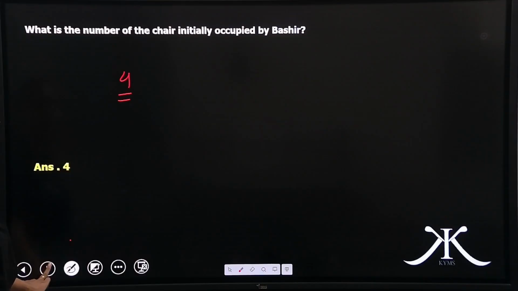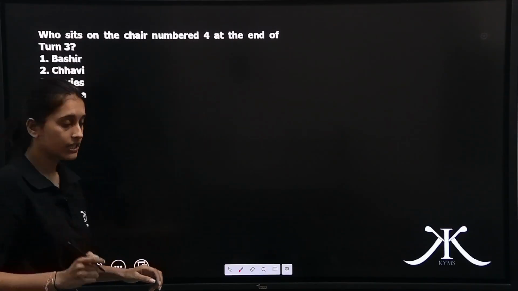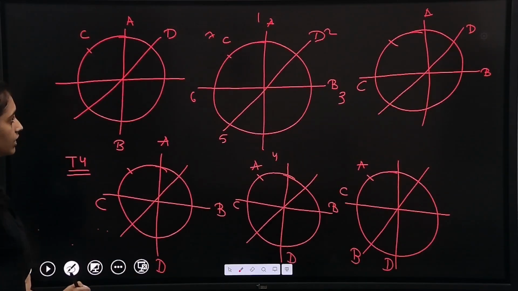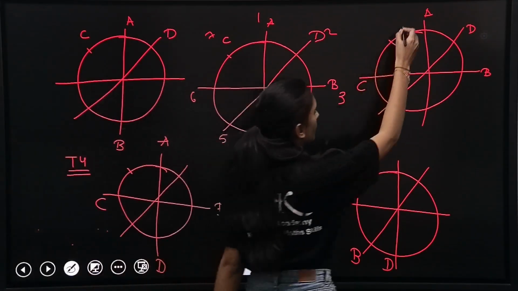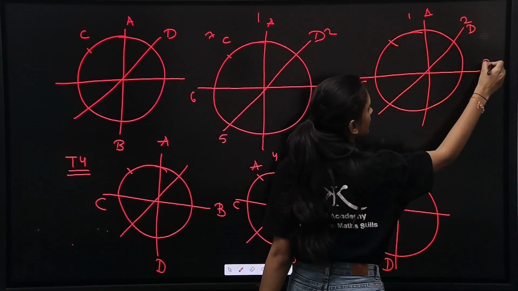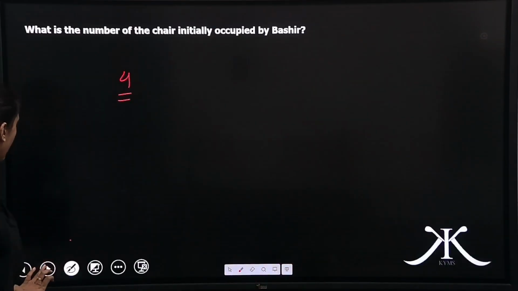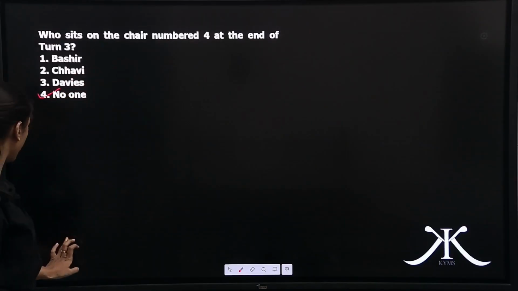Who sits on chair number 4 at the end of turn 3? This is 1, this is 2, this is 3, and this is 4. So nobody is sitting at chair 4 at the end of turn 3. So the answer is no one.